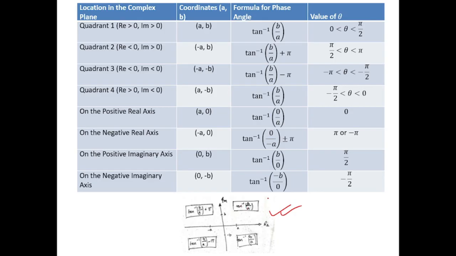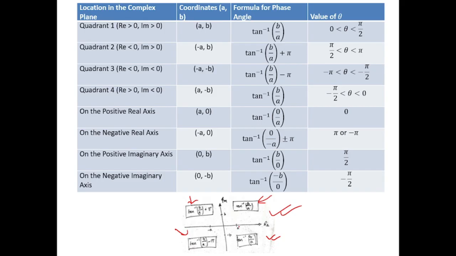Here in the first quadrant, your phase response would be tan inverse of b by a. In the second quadrant, it will be tan inverse of b by a plus pi. In the third quadrant, it will be tan inverse of b by a minus pi, and in the fourth quadrant, it is again tan inverse of b by a. Okay.